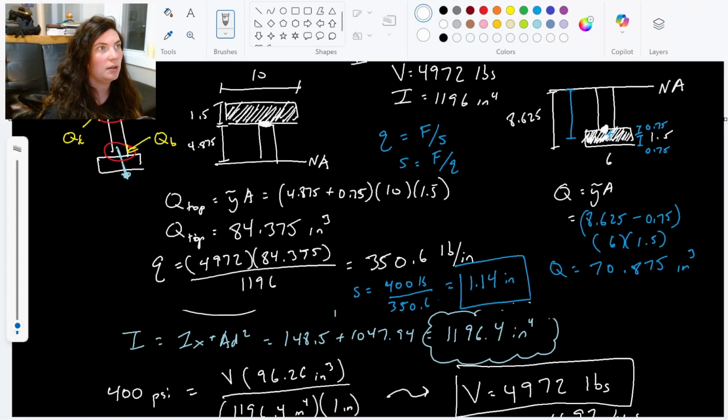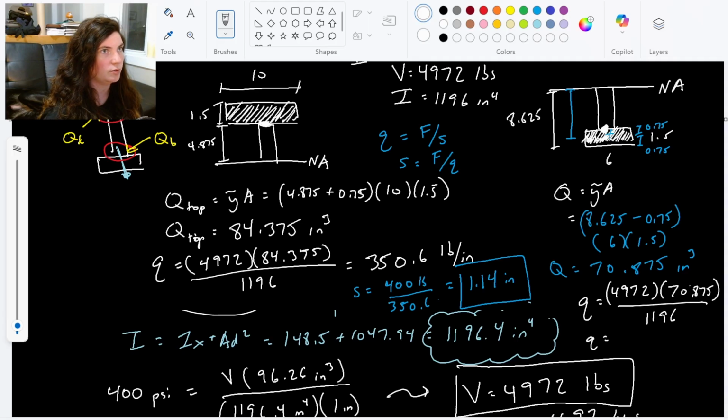But I go through the same process of finding this shear flow, where q is 49.72 times this new Q value of 70.875 over 1196.